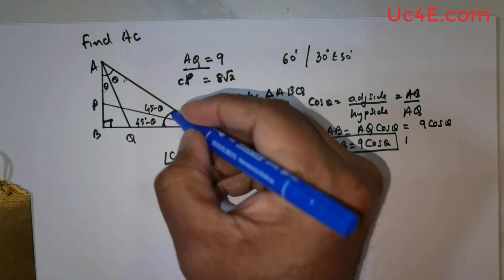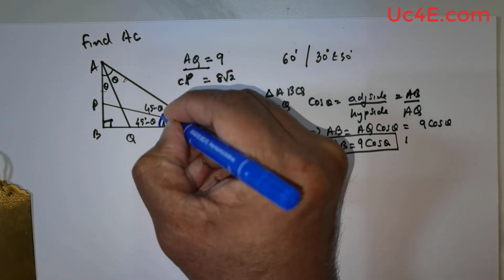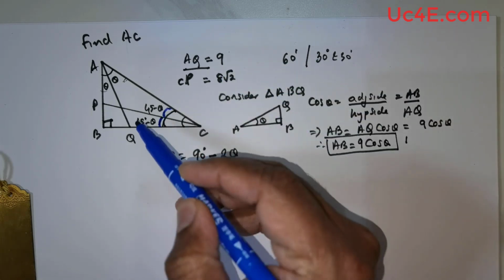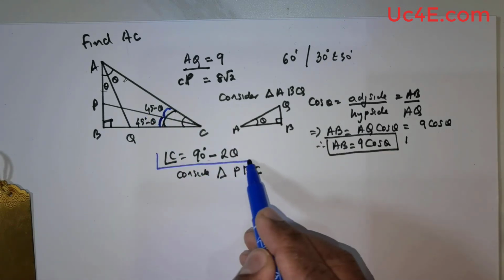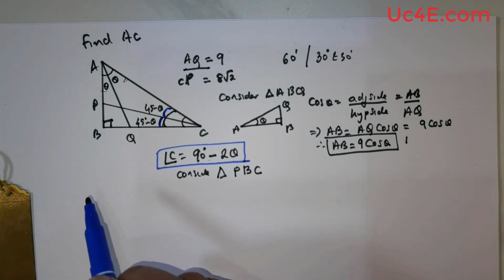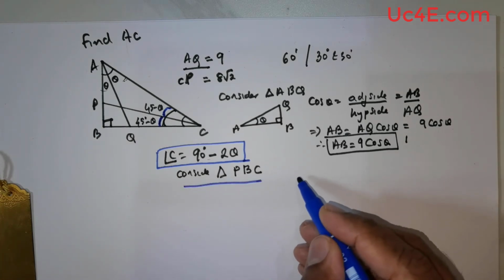Let me use a different color. This is going to be 45 minus theta and this is going to be 45 minus theta, isn't it? 45 minus theta added with 45 minus theta will give me angle at C, which is 90 degrees minus 2 theta. That's perfect.